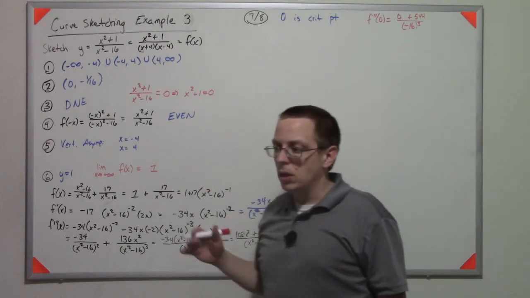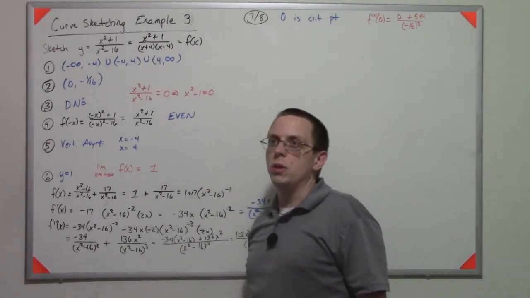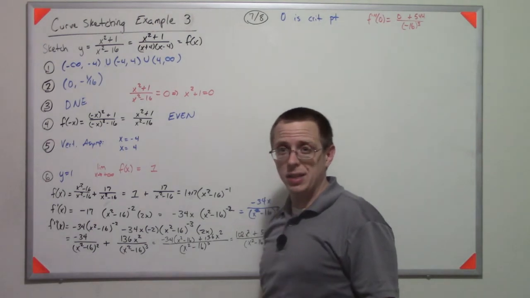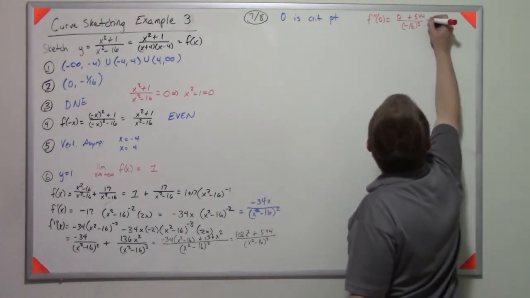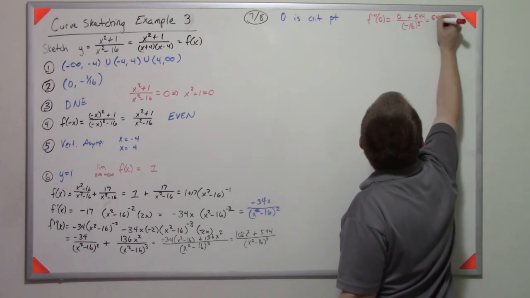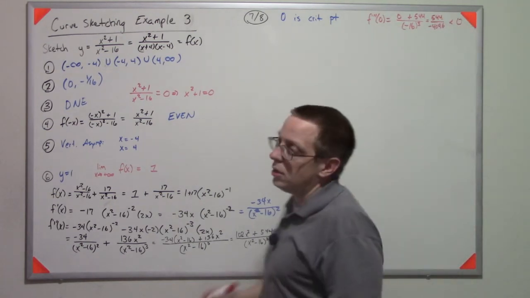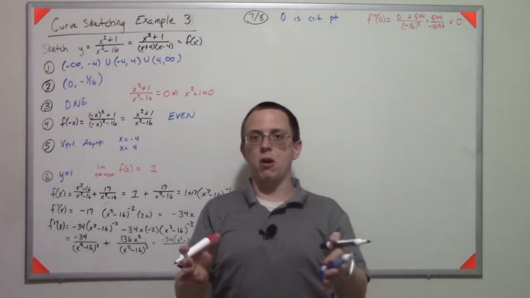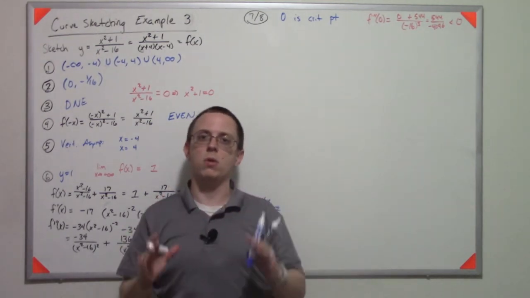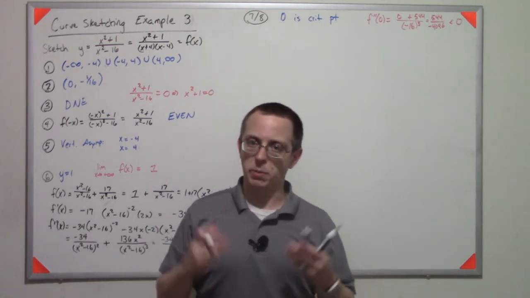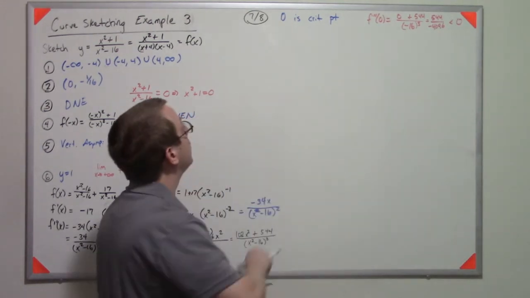Well, negative 16 cubed is 4096, something like that. So that's going to be 544 over negative 4096, which is negative. So it's concave down. Since it's concave down, that tells me that 0 is a local maximum. That's the second derivative test.